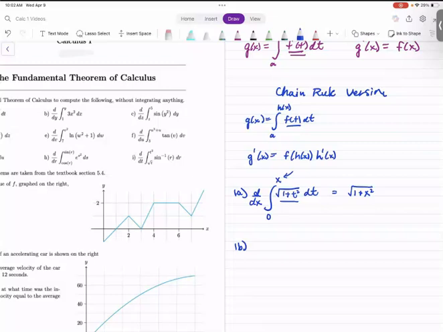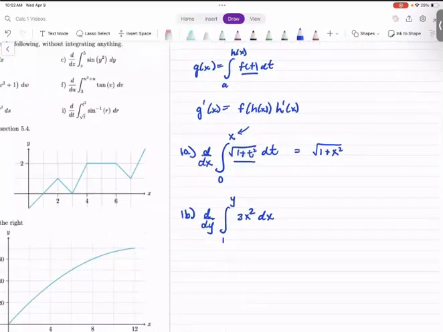1b, we're going to be taking the derivative with respect to y of the integral from 1 up to y of 3x squared dx. Now, a minute to talk about these variables. It doesn't matter what we call what, as long as the variable on the bound matches the one we're taking the derivative with respect to when applying the fundamental theorem of calculus, and the one inside is not the same.